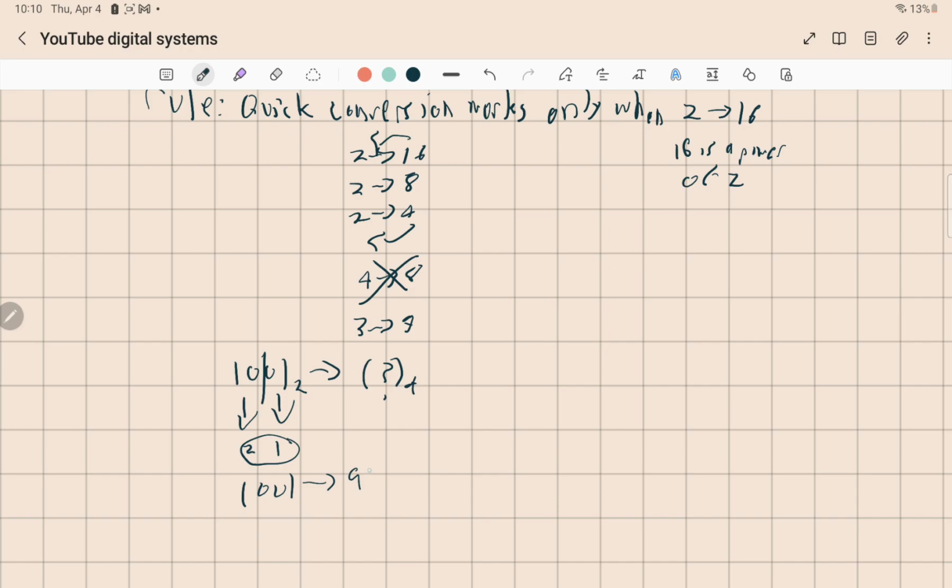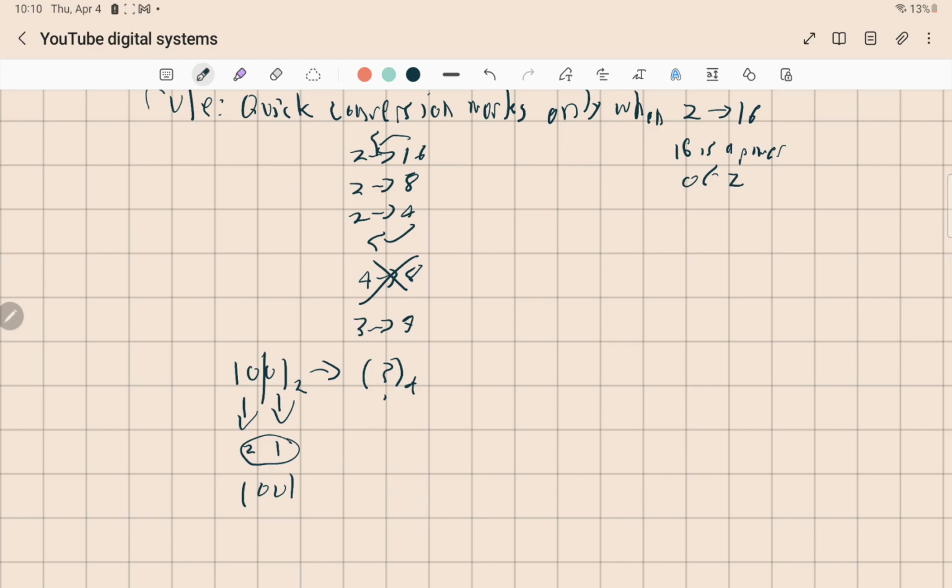And then 9 divided by 4 is 2, remainder 1. Then 2 divided by 4 is 2, remainder 0. So that's, oh. Yeah, I messed up, whatever. Okay. I'm not going to check it right now.